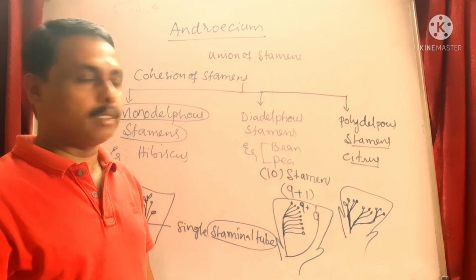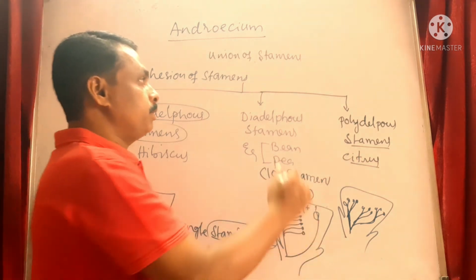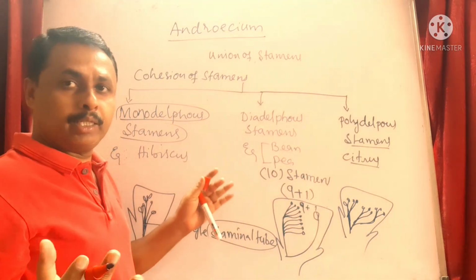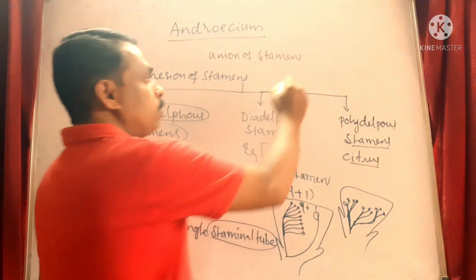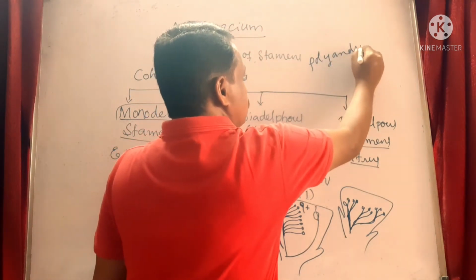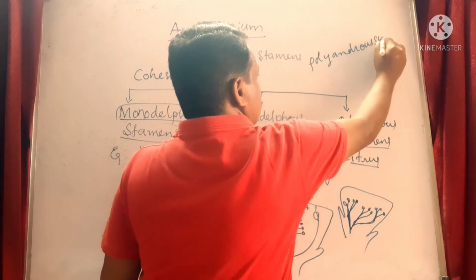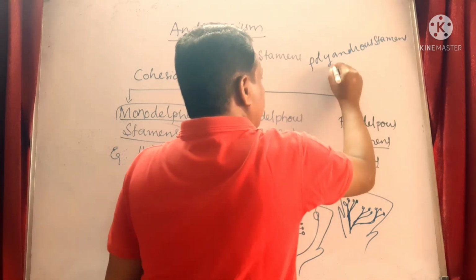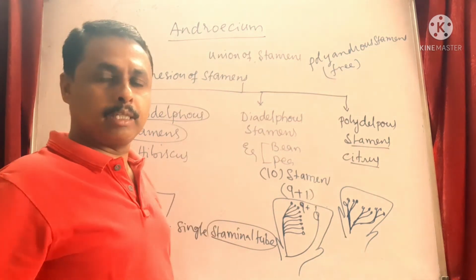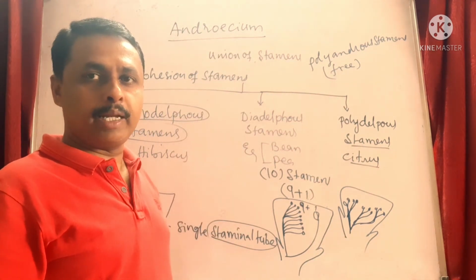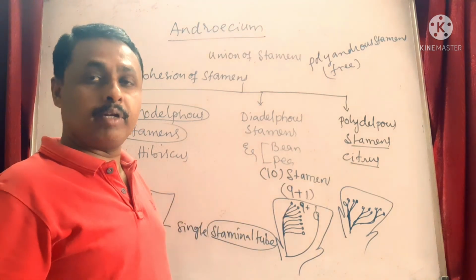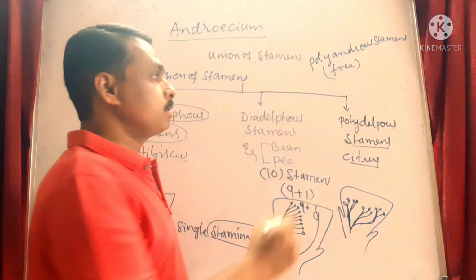One more important thing we need to discuss here. If all the stamens are free, not united together and freely present, they are called polyandrous. Polyandrous stamens are not united with any other organs. If the stamens are united with any other organ, they are called synandrous.